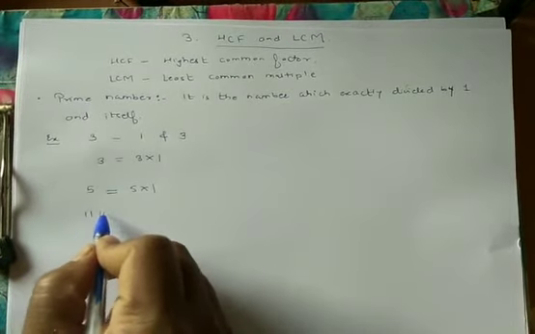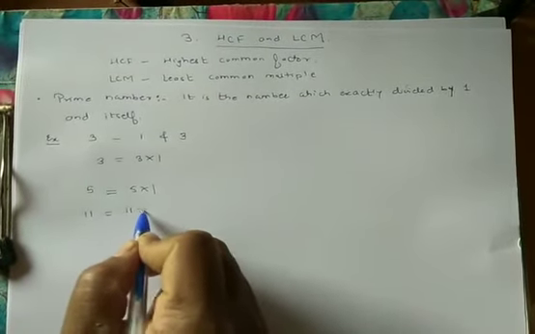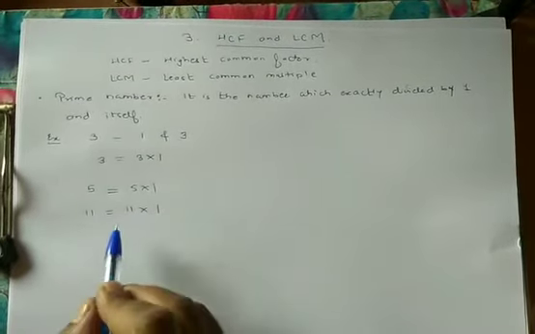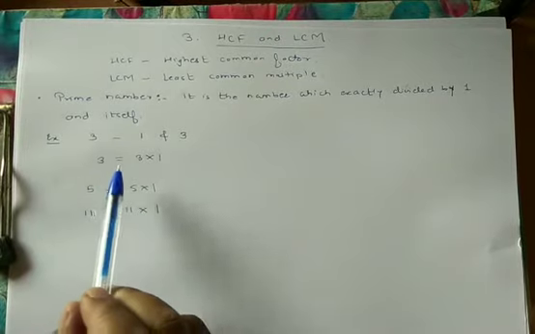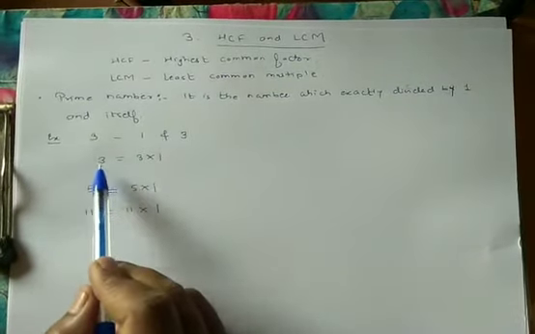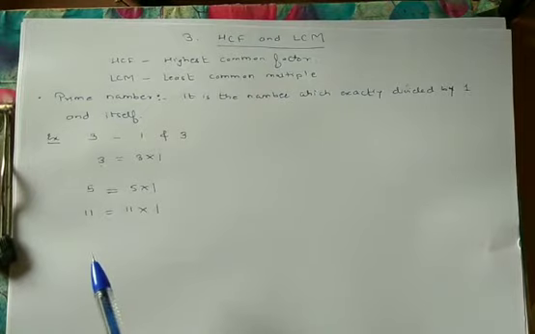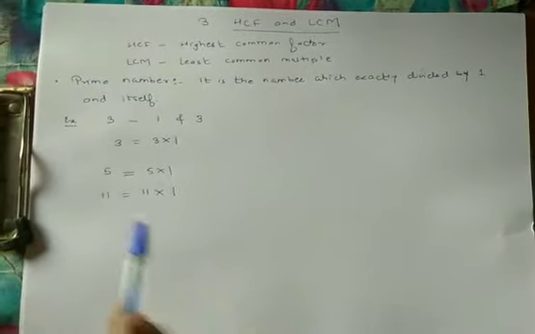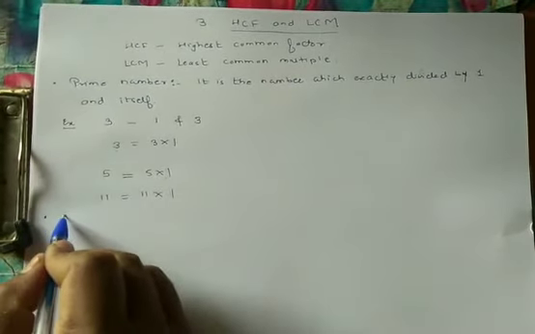Next I consider 11. Also 11 ones are 11. So if you observe all these examples, the number 3 is divisible only by 1 and itself, and likewise 5 and 1, 11 and 1. So all these numbers are called prime numbers.